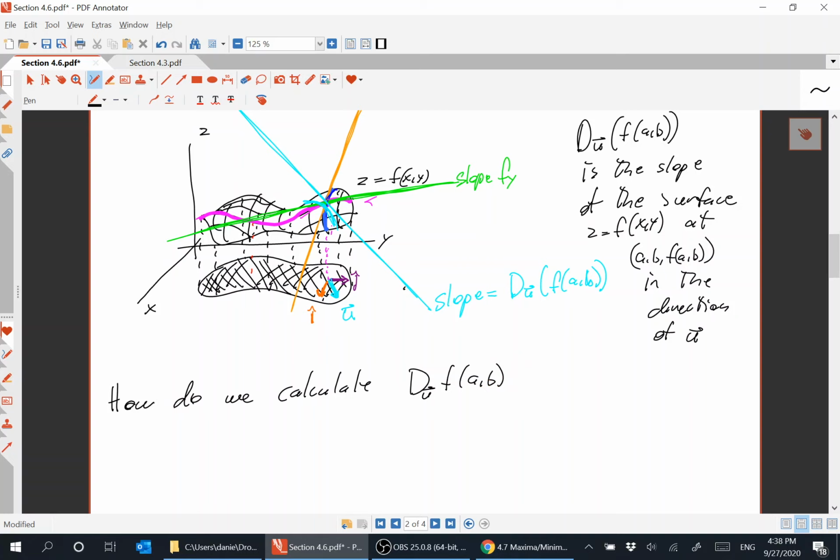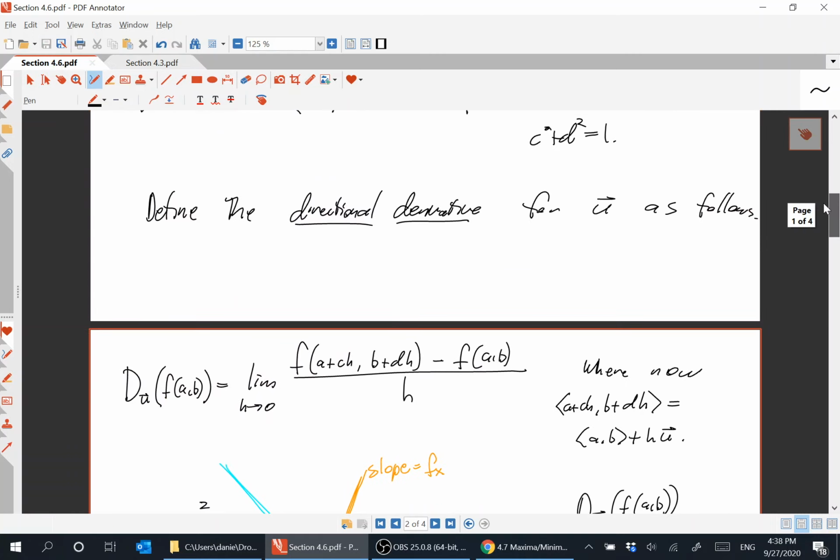Well, go back to the definition for a moment. The definition of the directional derivative is right here.